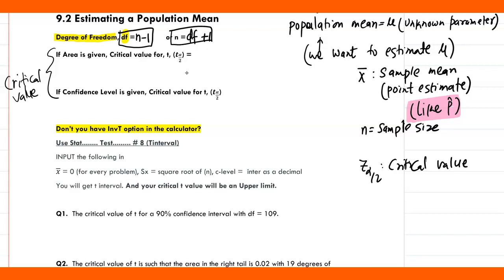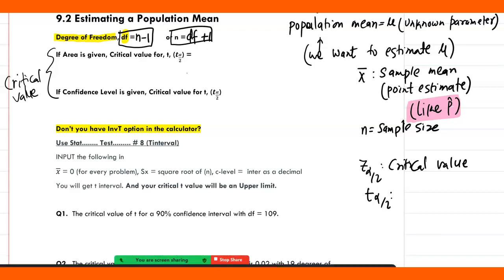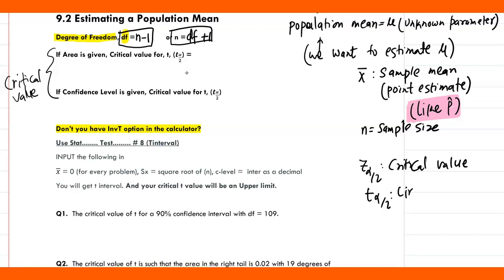But in this section, when you estimate the population mean, we use t alpha over 2 as the critical value, and we call this the critical value for t.